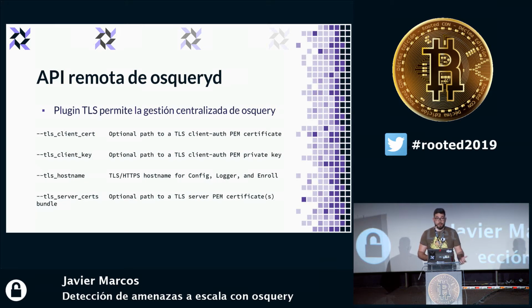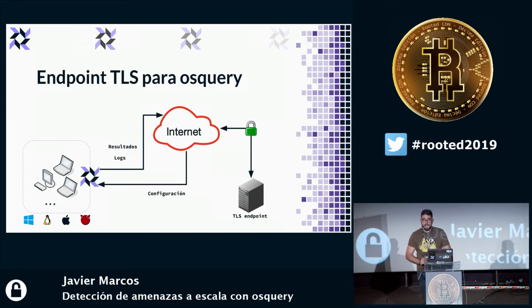You define the host in which they will be speaking to each other, because the TLS is on the internet, so there's no need of VPN or any kind of access. It would all depend on your production system. And so you will see what is the host you will be using. So you have the mutual TLS, but then the PEM certificate, etc. Well, these are the flags that you will be using.